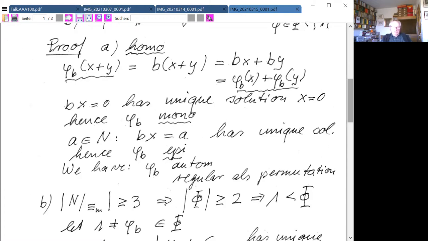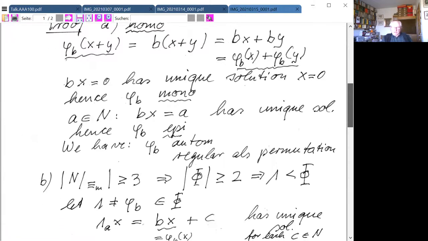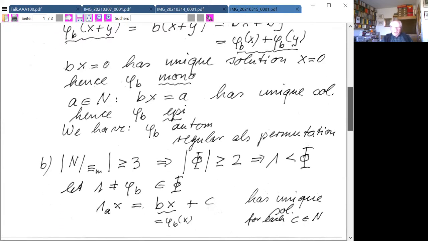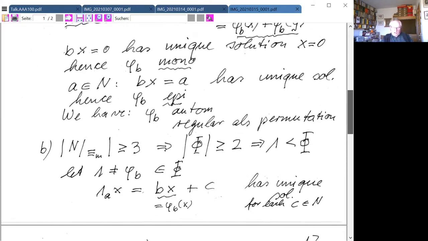And it's clear, again, from what we derived from the planarity condition, it must be regular as a permutation on BA.